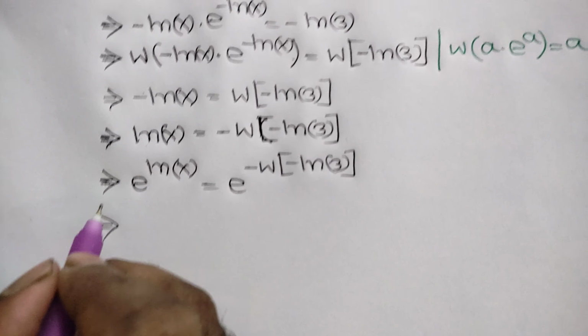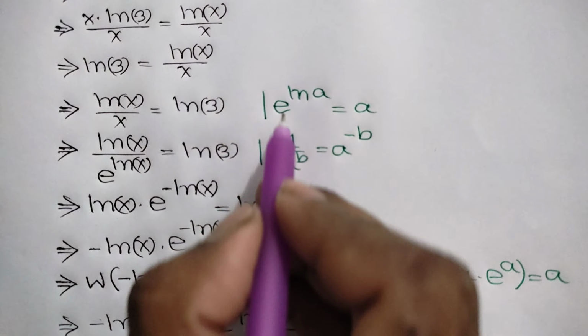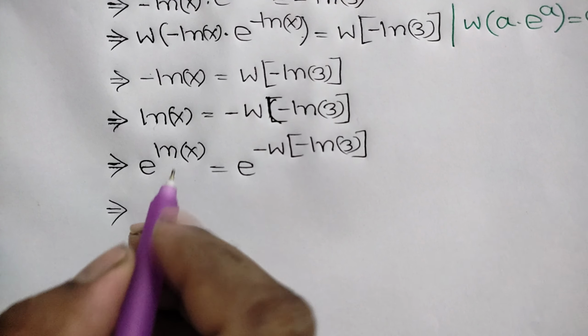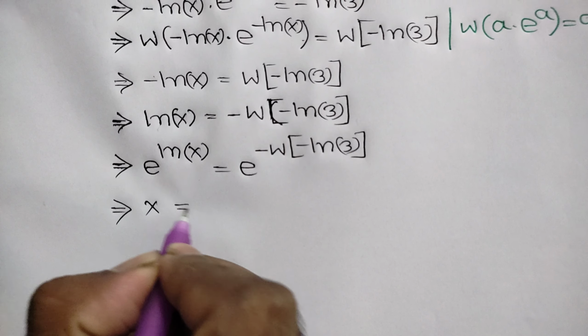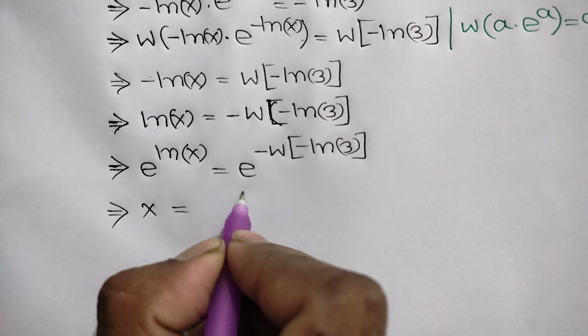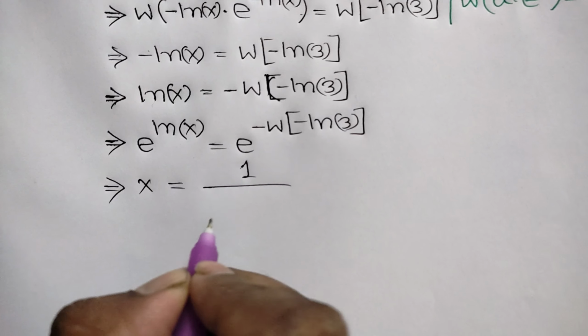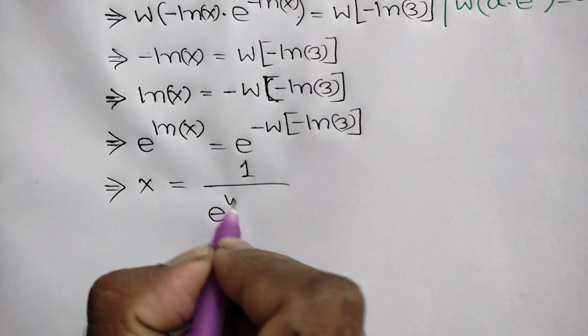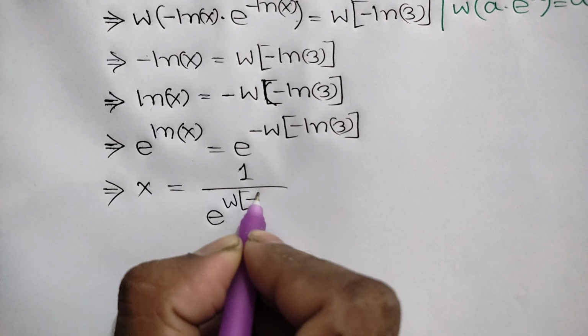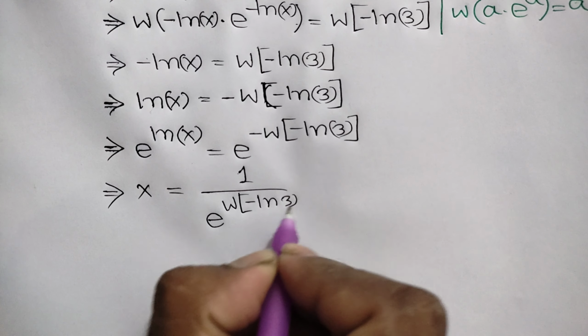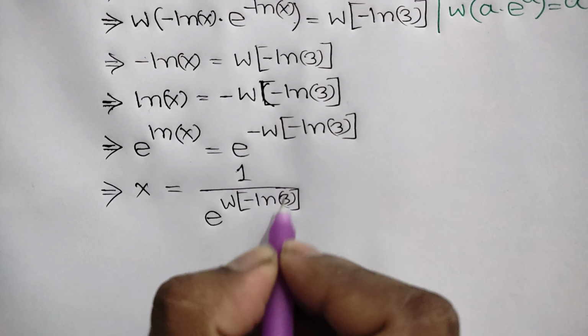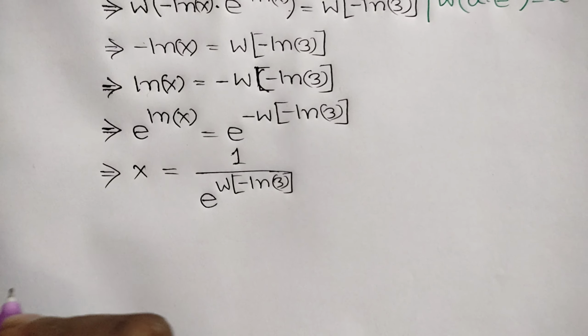We know e to the power ln of a is equal to a, so e to the power ln of x is equal to x. Now here we will get 1 over e to the power W of negative ln of 3. Now here we can use a calculator.